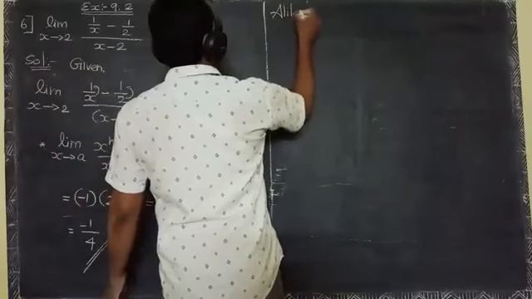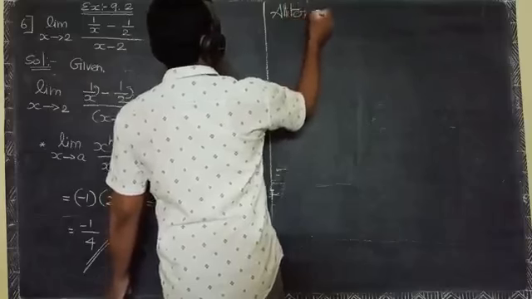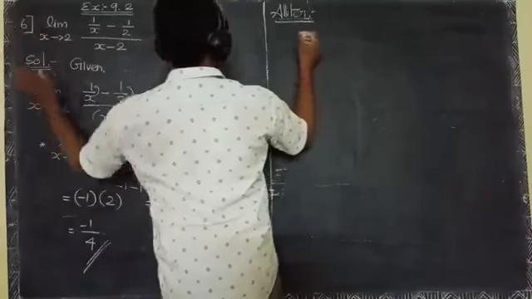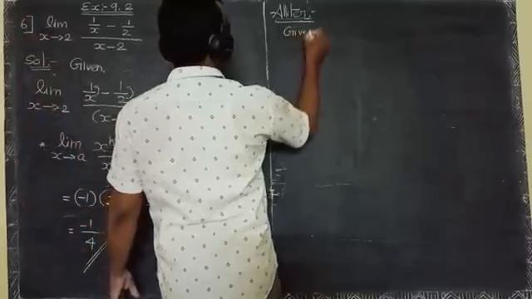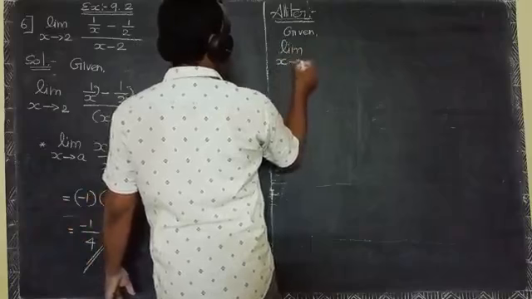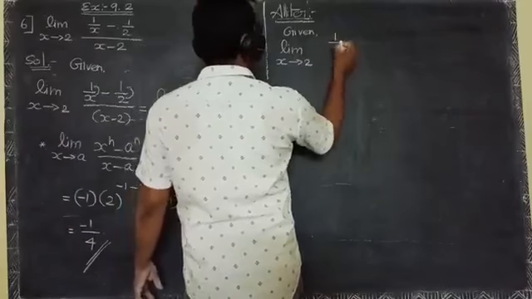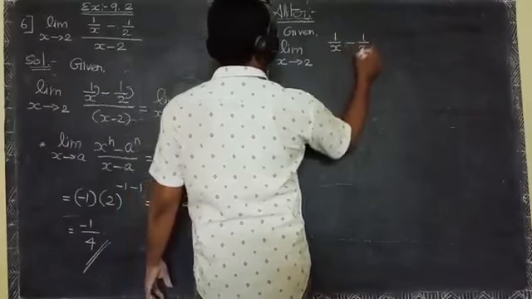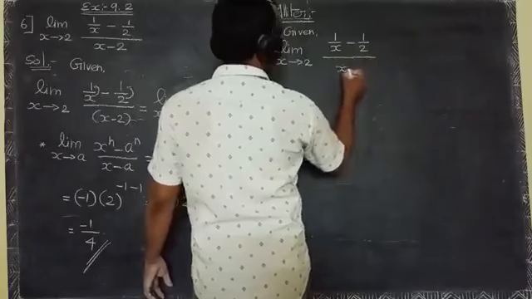Given the function limit as x approaches 2 of 1 divided by x minus 1 divided by 2, divided by x minus 2.